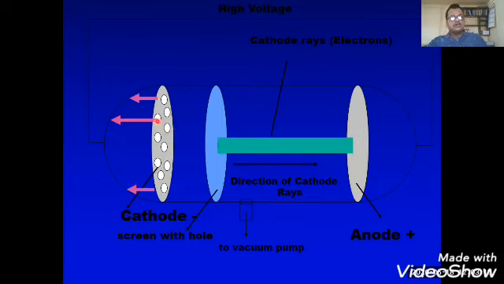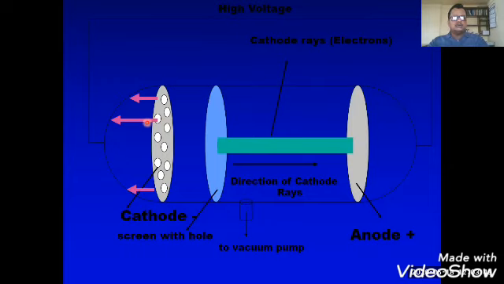And some also call them canal rays because these rays travel through the perforated holes in the cathode, which were called canals. So people discovered that when you carry out the discharge tube experiment using a perforated cathode, rays similar to cathode rays were observed behind the cathode.